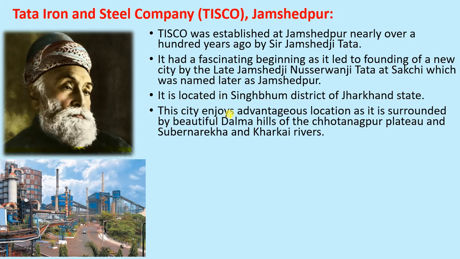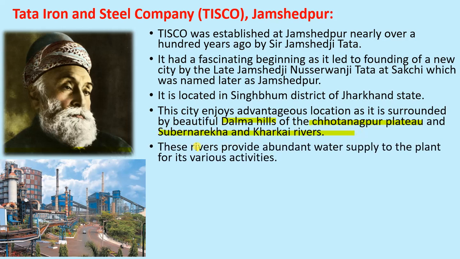The city enjoys the advantage of location as it is surrounded by the beautiful Dalma hills of the Chota Nagpur plateau and the Subarnekha and Kharkai rivers. So these are the two main geographical features available, the rivers and the hills. These rivers provide abundant water supply to the plant for its various activities.